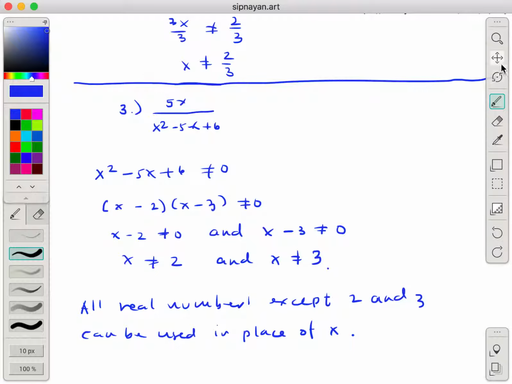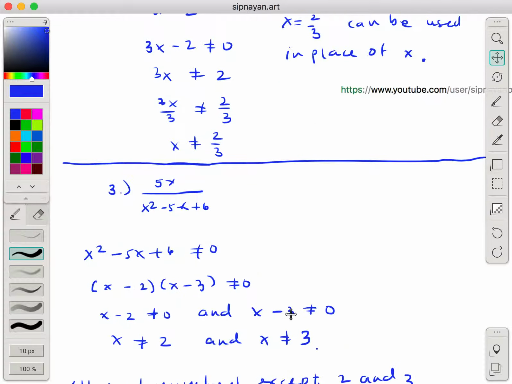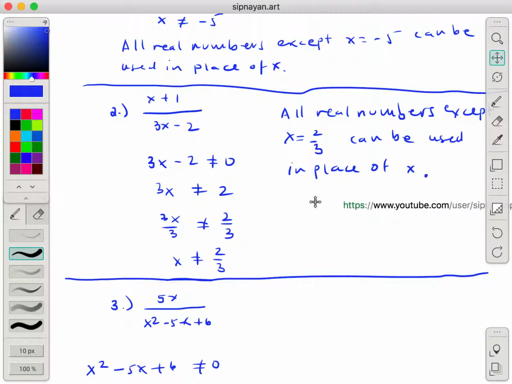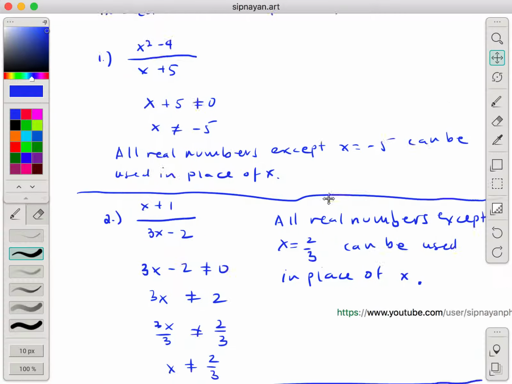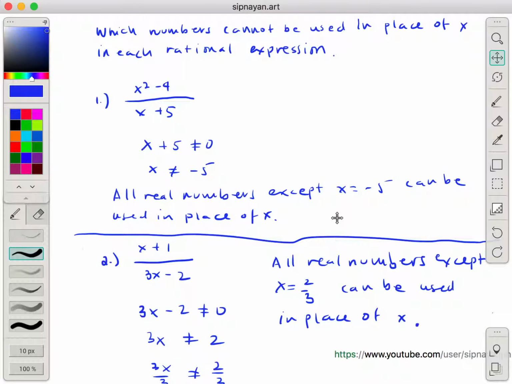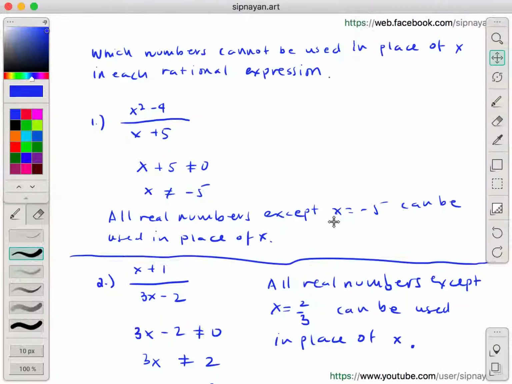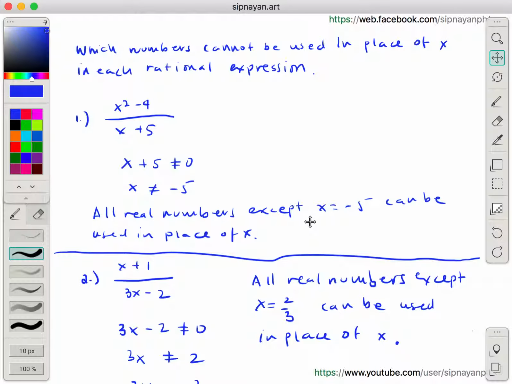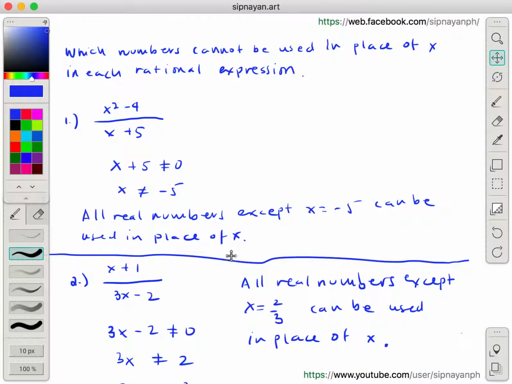Okay, so why is this important? Why do we restrict it? These restrictions will be used when you study functions. And one of the things that you learn in functions is the domain. The domain is the possible values of x that makes the function defined. If it is undefined, it is not allowed. So the domain of this function is x is not equal to negative 5, all real numbers except that.